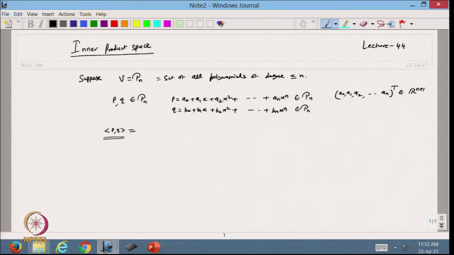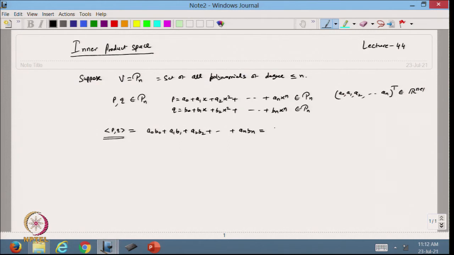Now we can define the inner product here as the summation a0 b0 plus a1 b1 plus a2 b2 up to an bn.